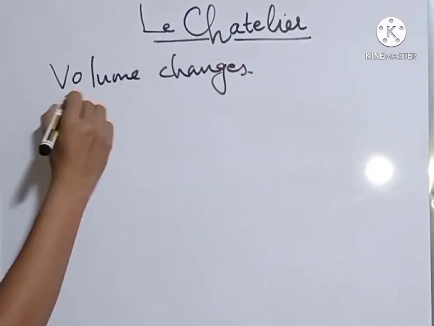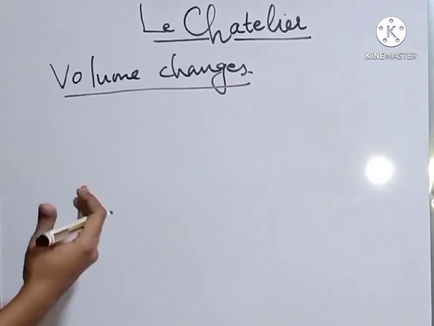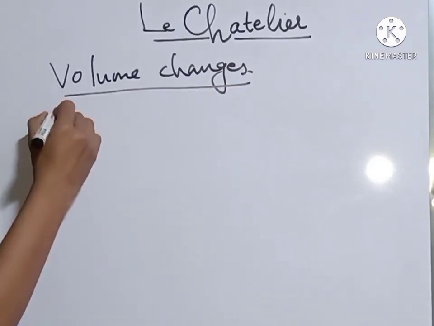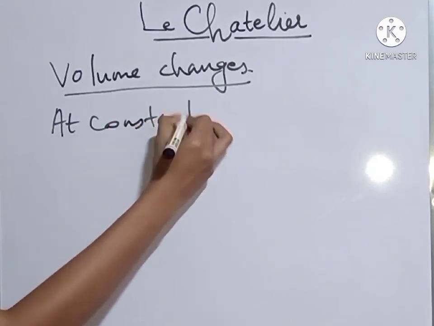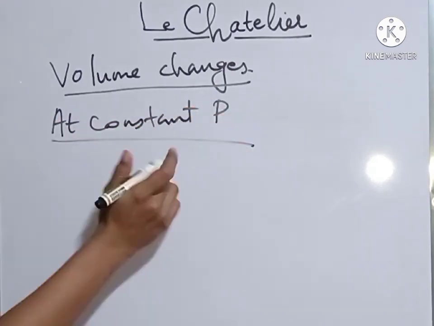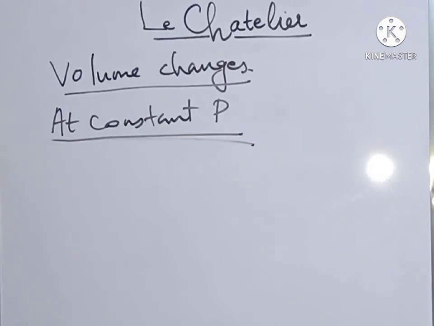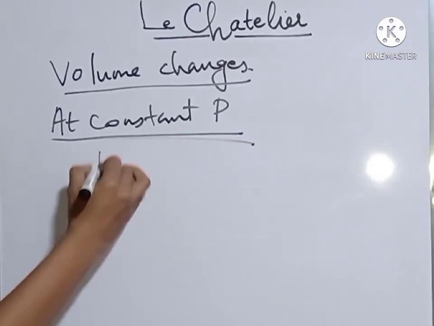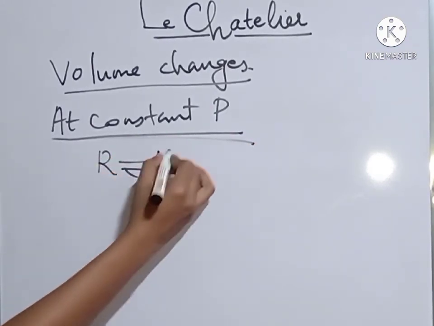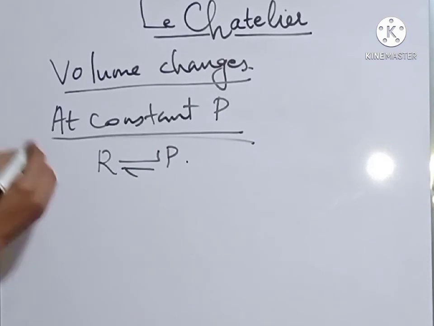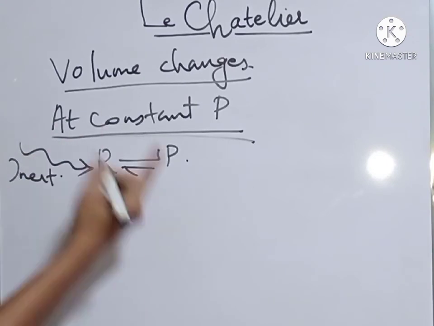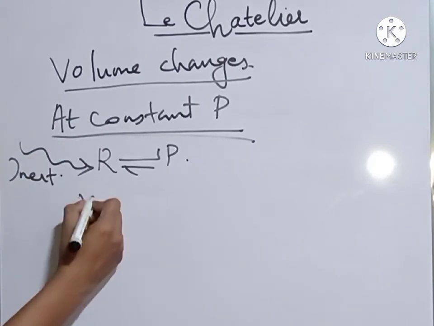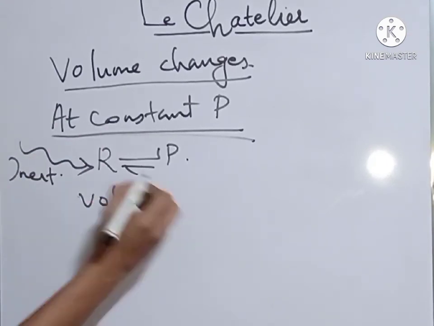So we are going to check what happens at constant pressure. At constant pressure, the reactant reversibly gives product. When we add inert gas to the equilibrium reaction, the volume of the reaction mixture increases.